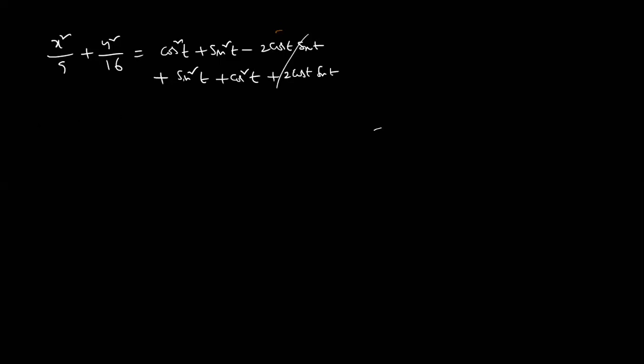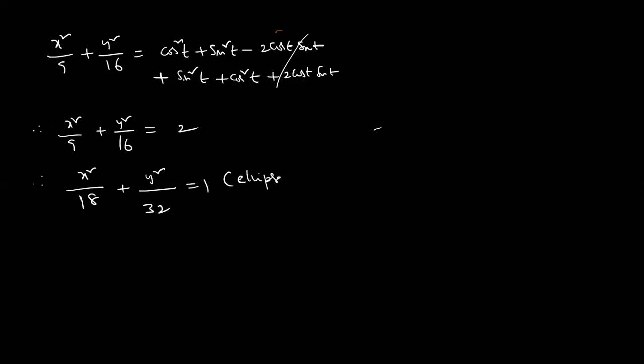So what you are observing? So therefore, x square by 18 plus y square by 32 is equal to 1. So which type of curve is forming here? Ellipse.